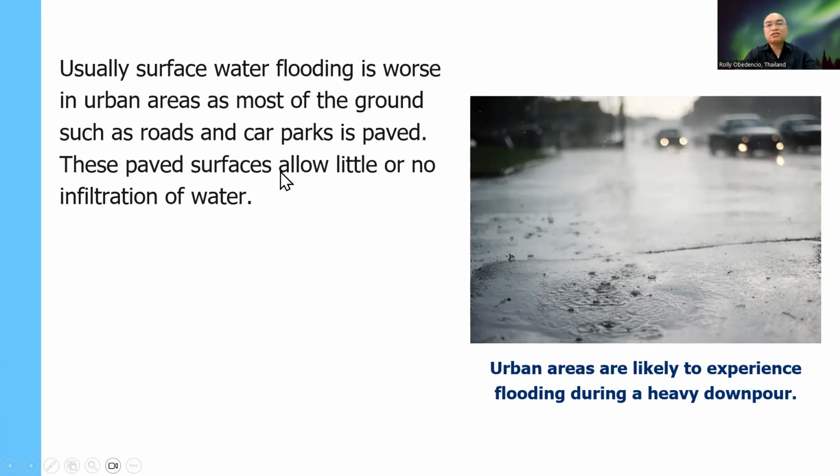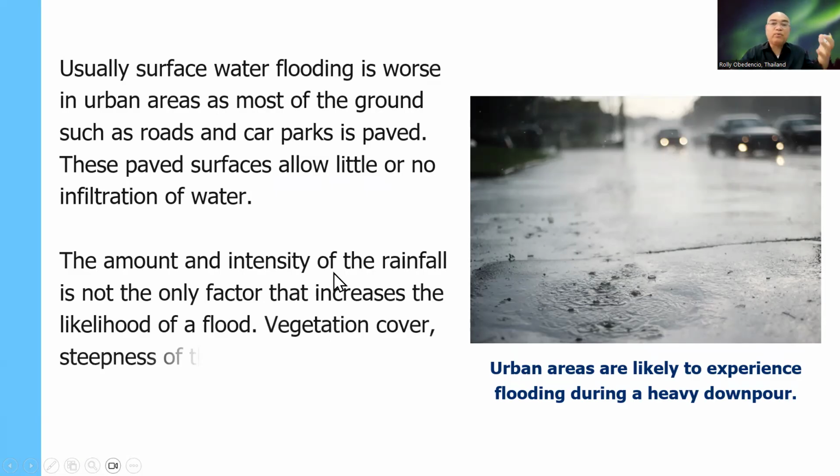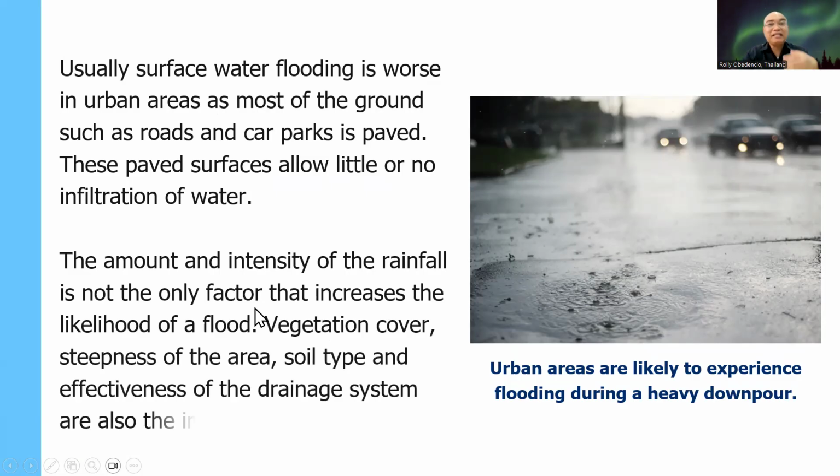These paved surfaces allow little or no infiltration of water. Now, the amount and intensity of the rainfall is not the only factor that increases the likelihood of a flood. Vegetation cover, steepness of the area, soil type, and effectiveness of the drainage system are also influencing factors.